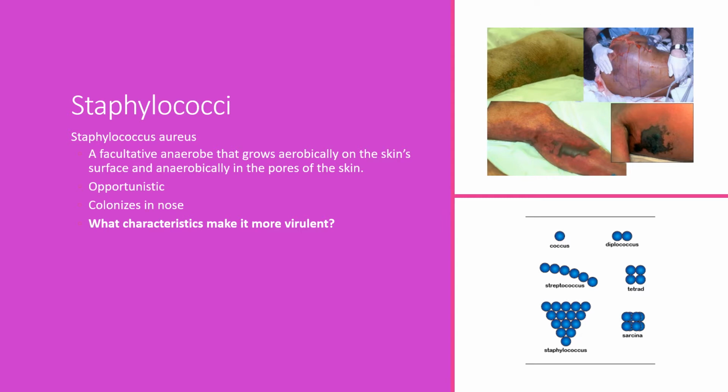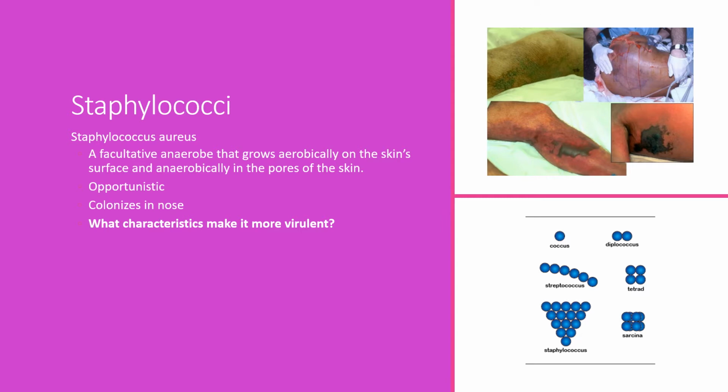And in surgery, more than likely, it's going to be given an opportunity. It has the ability to resist low moisture environments, temperature extremes, and the high salt content of the skin, and can rapidly multiply in moist areas such as the mucous membranes of the nose, the axilla, and around the anus.